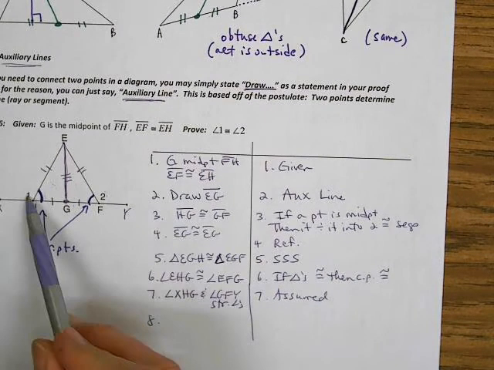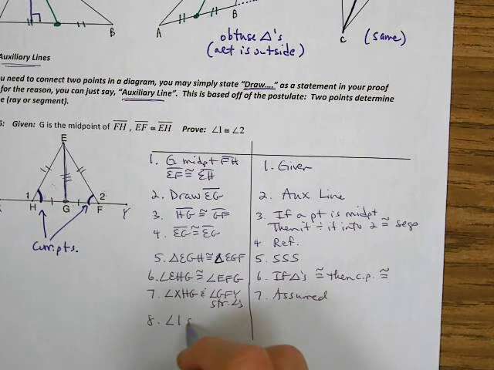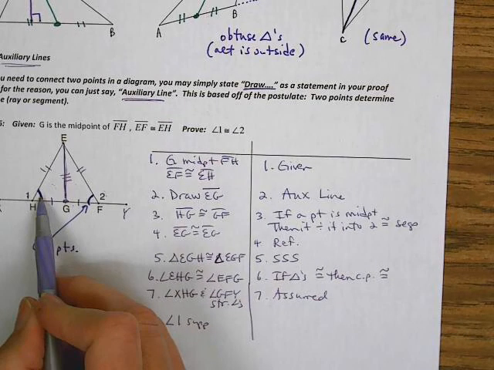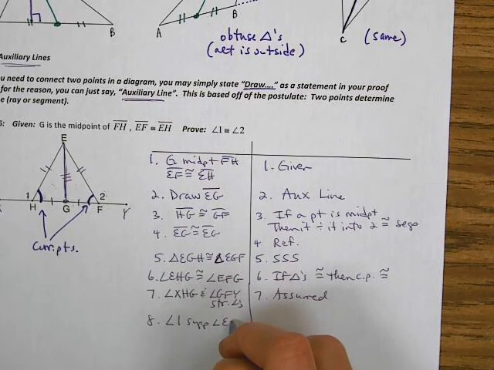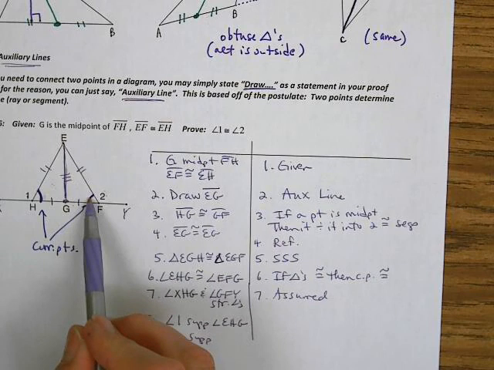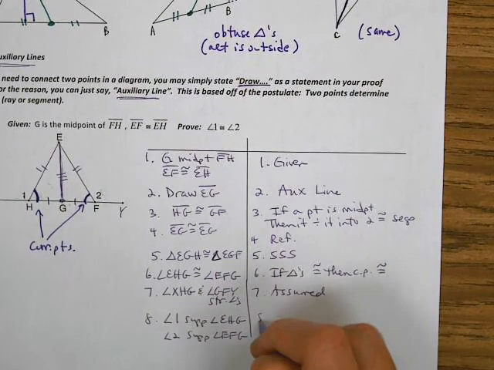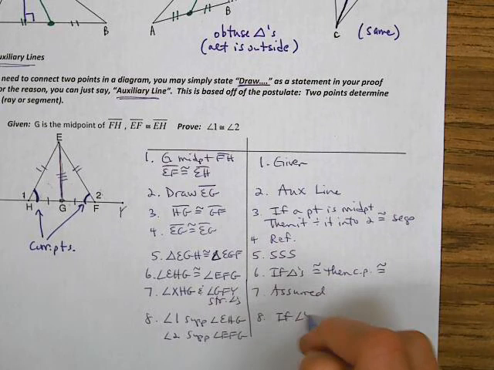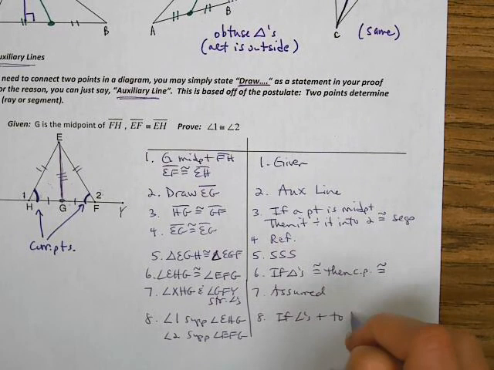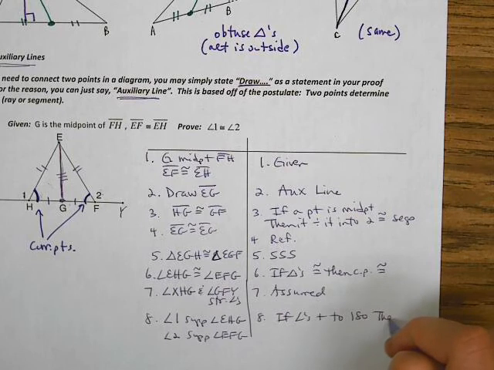I know angle 1 is supplementary to this corresponding part, angle EHG, and I can say angle 2 is supplementary to this corresponding part, angle EFG. We know that's if angles add to 180, then supplementary.